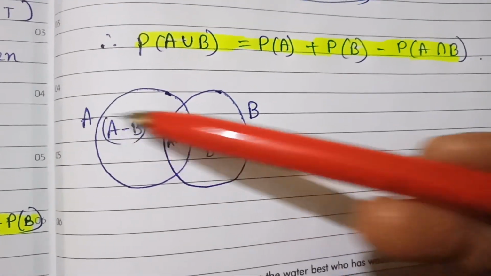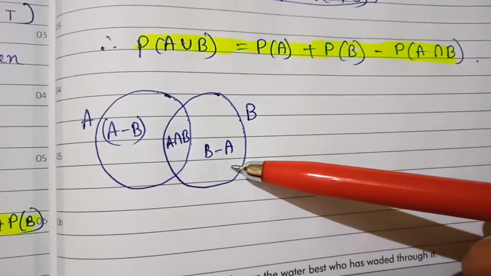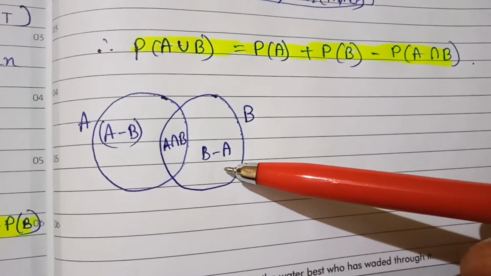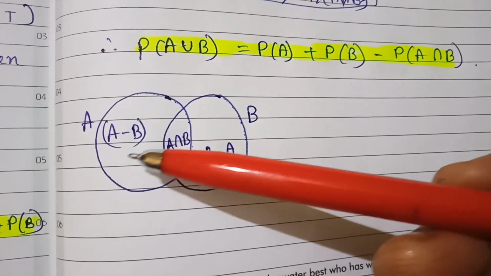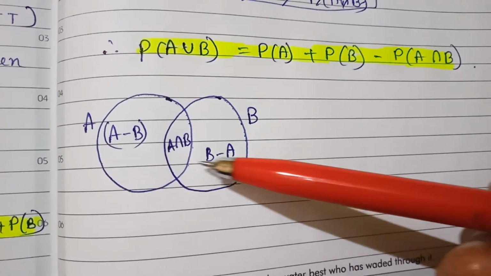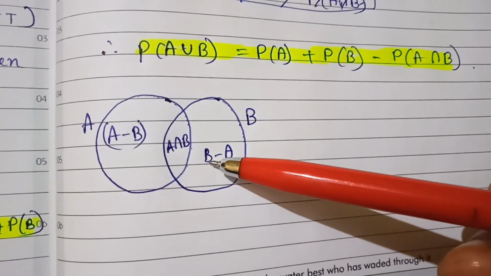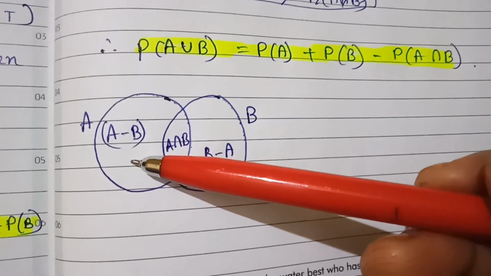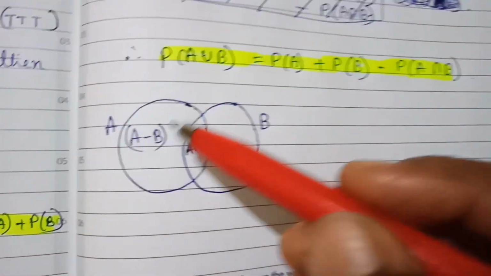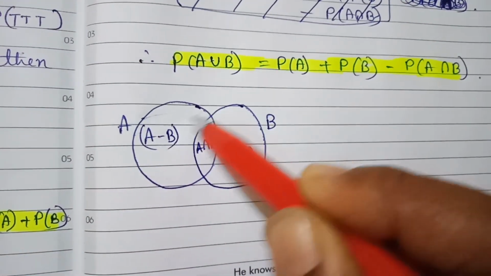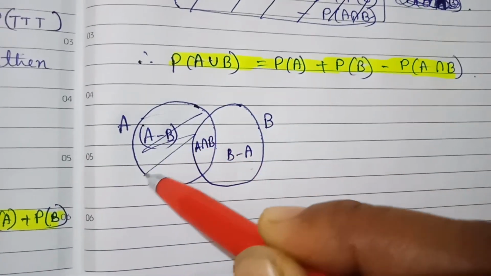Now if A and B are these round shaped sets, then we will be getting three parts out of it. First part will be A minus B. I am just marking which part it is, just like this.